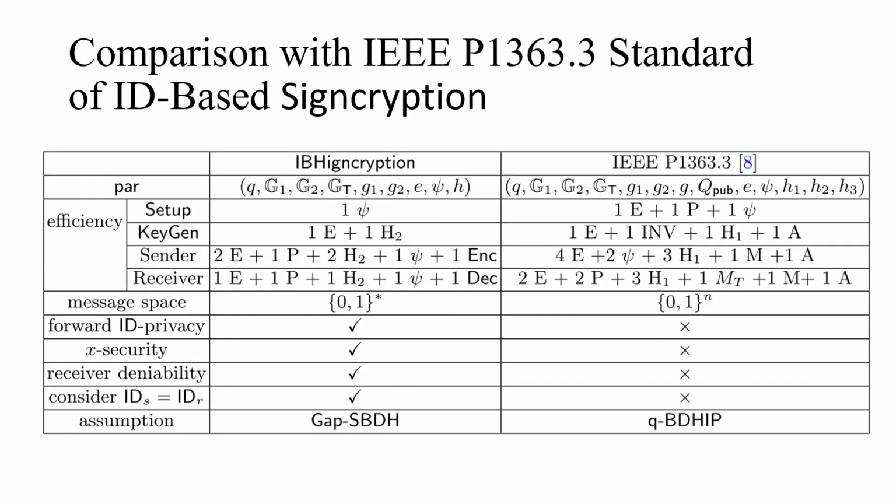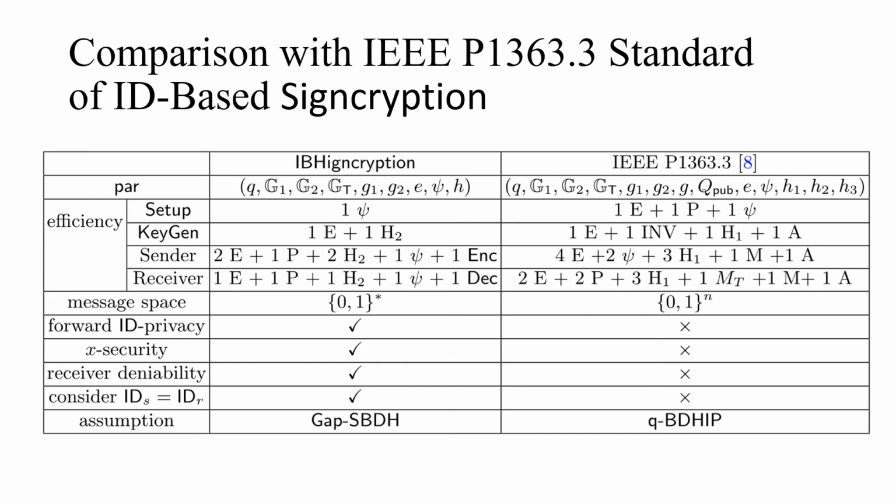The identity-based signcryption standard in IEEE P1363.3 is based on bilinear pairing of type 2 and can be viewed as the state of the art of identity-based signcryption.